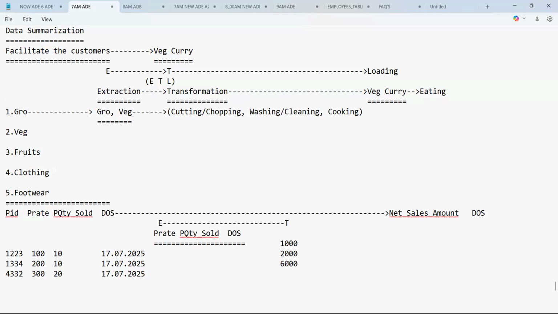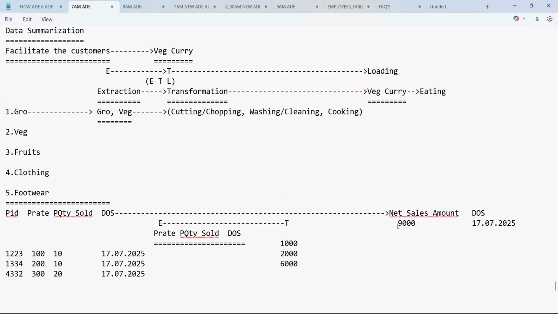So finally, you can calculate the sum, 9000. I'm putting the figures here directly, guys. So I can say net sales amount is 9000 and the date of sales is 17/07/2025. This is the one.